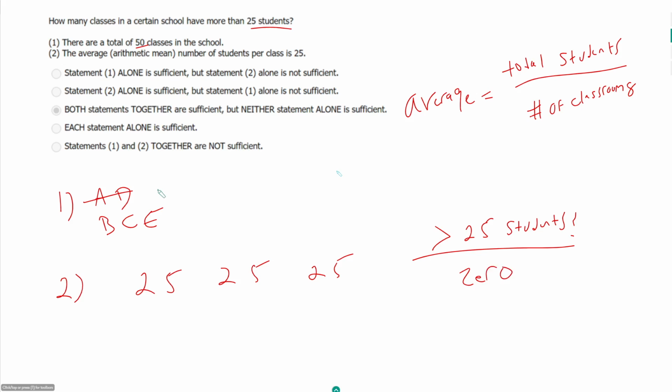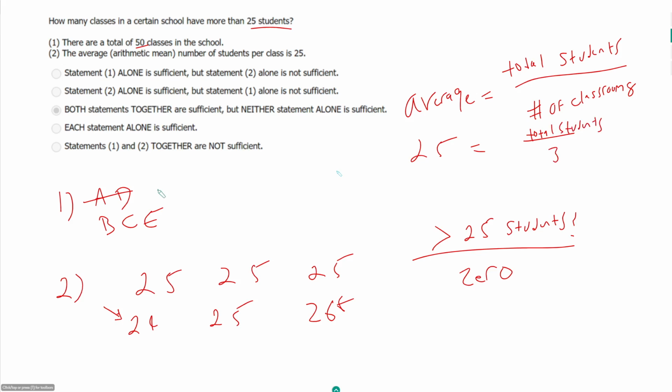So can we come up with an example where this is a non-zero number? The easiest example I can think of is just add 1 student here, then balance it out by subtracting 1 here. Because if we're talking about average, and we're saying we have an average of 25 students per class, in this case we said we have 3 classrooms.